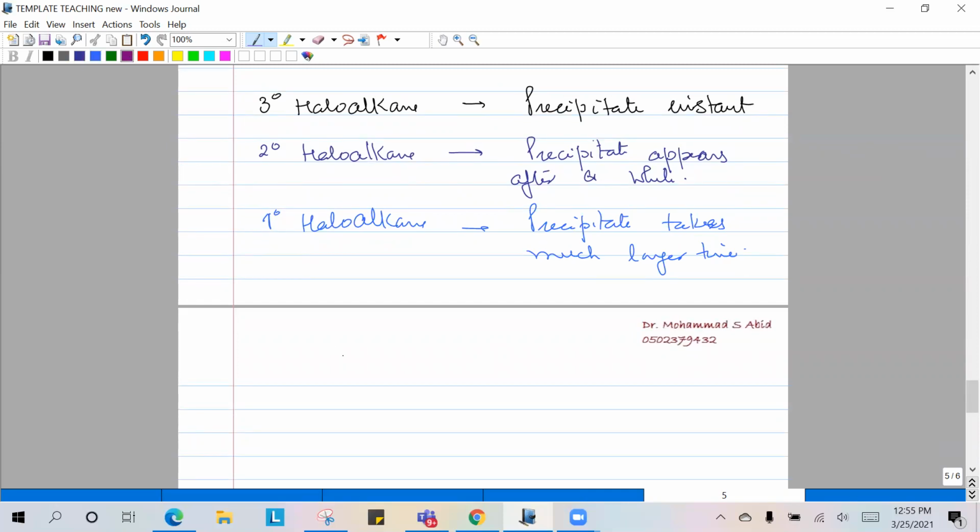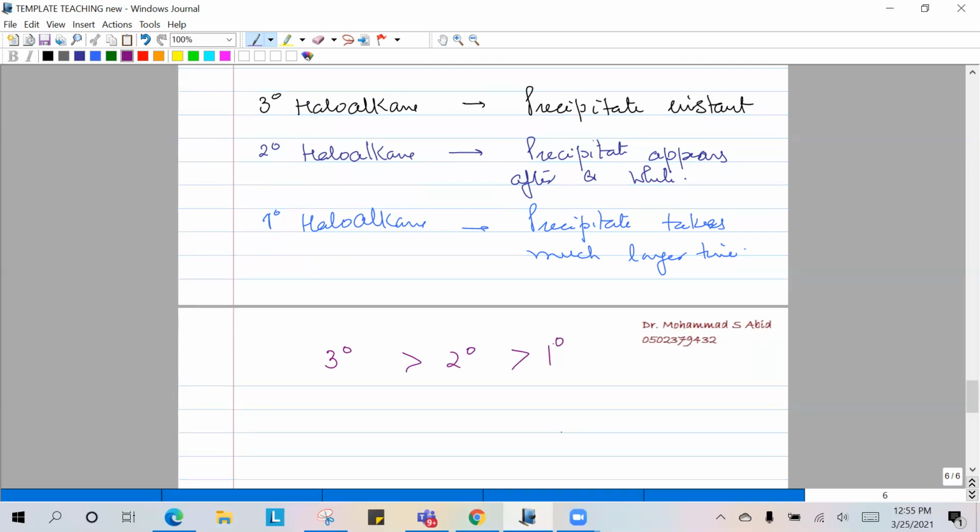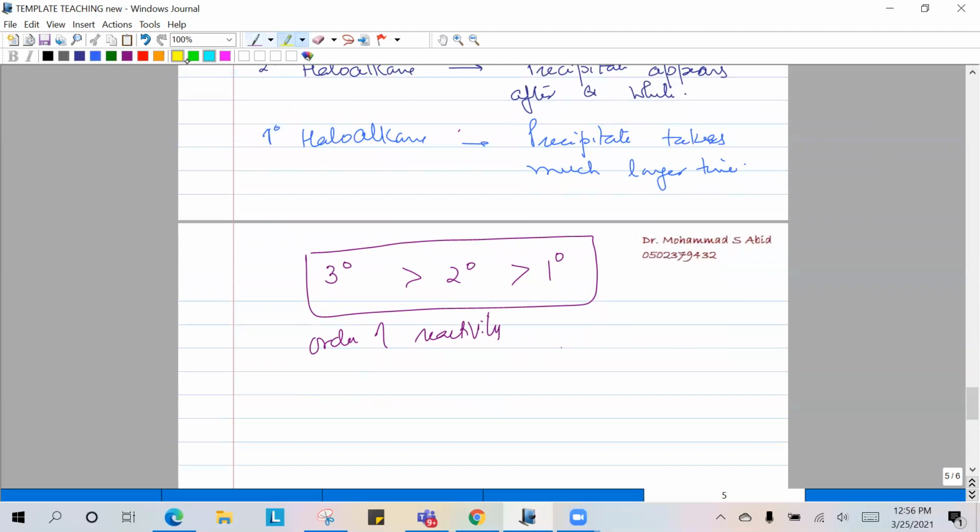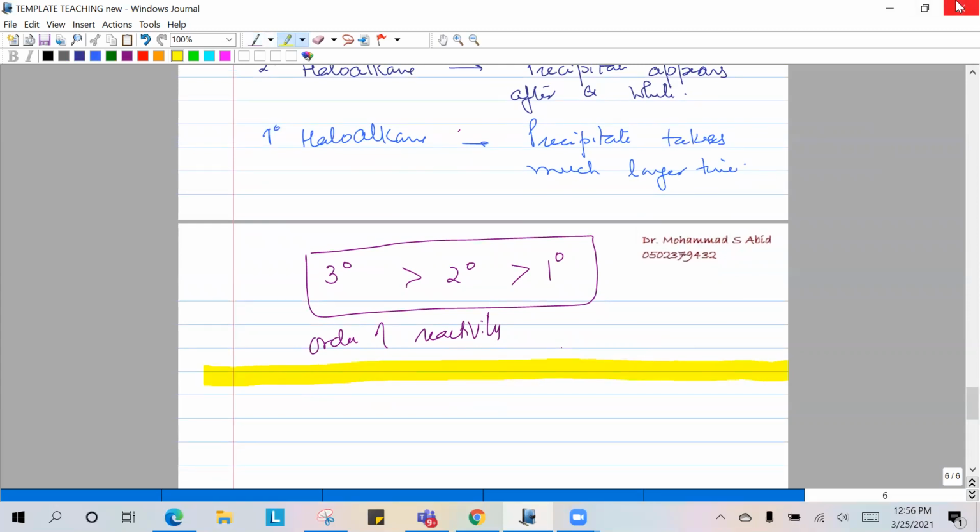This gives us an idea that the tertiary is more reactive than secondary, and primary is the least reactive. Primary is the least reactive. So this is the order of reactivity. And this completes your topic for the haloalkane, the full topic for haloalkane.